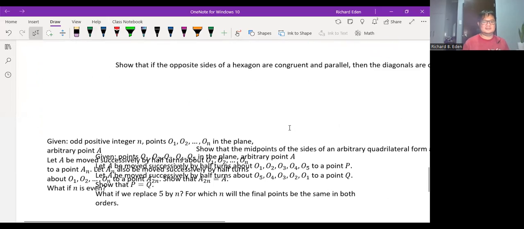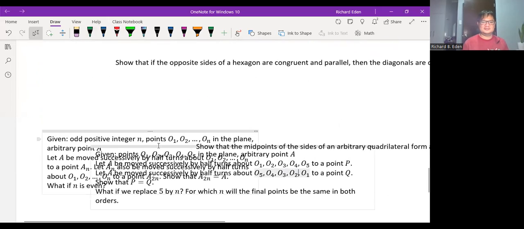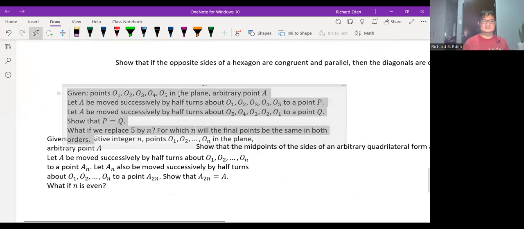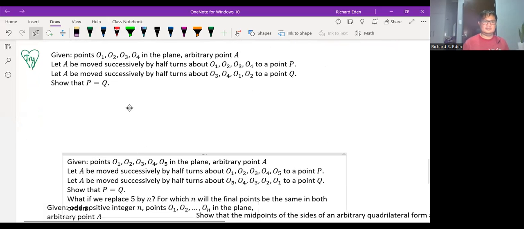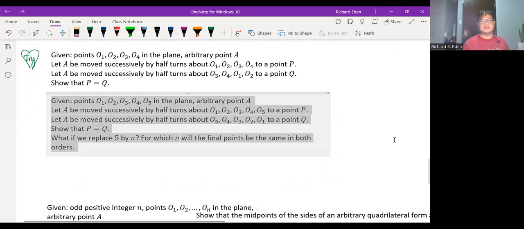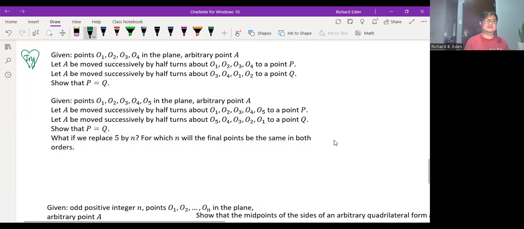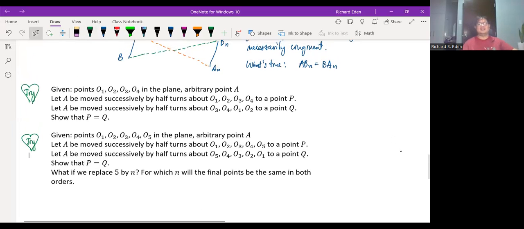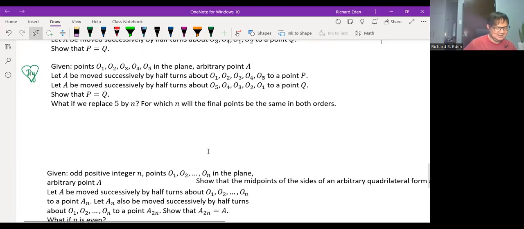Impossible. Try this one too. With the cute heart. Alright, so try this too. Yay. My Little Pony. We're so cute. Okay.